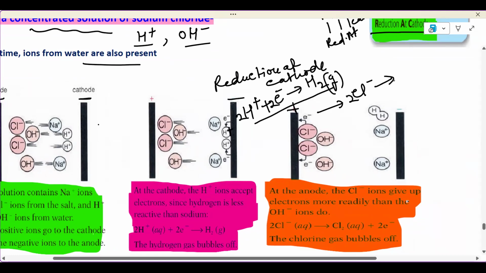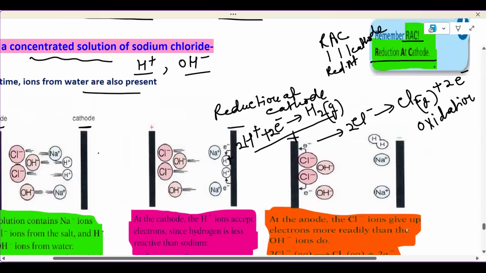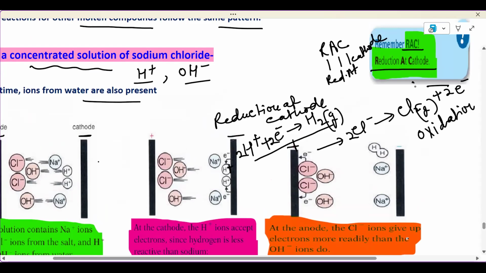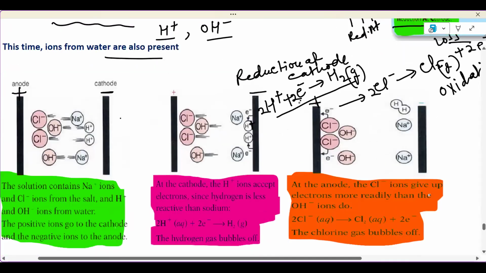They become chlorine gas after losing 2 electrons. So here it is oxidation. Oxidation is the loss of electrons, and here it is gain of electrons. Correct?